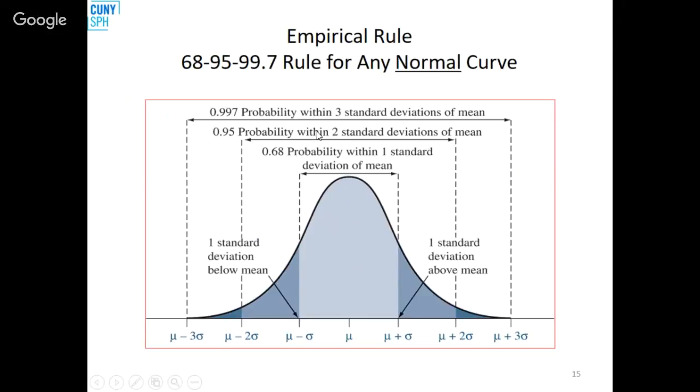Within plus or minus 2 standard deviations, that's 95% of your observations, and within plus or minus 3, 99.7% probability. So this is just kind of a handy thing to have in the back of your head, this empirical rule. You don't need it. You can look these up. You'll be learning how to look things up in a table or calculate them with software. But when something is an integer number of standard deviations, you can tell these probabilities right away.